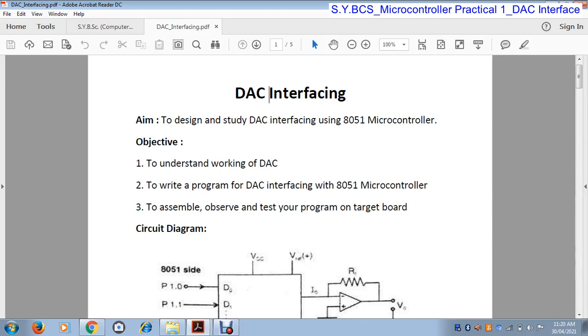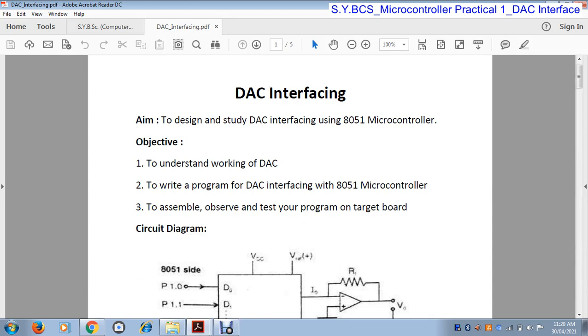The aim of this experiment is to design and study DAC interface using the 8051 microcontroller. In this practical we will see how the DAC works and how we interface or connect this DAC to an 8051 microcontroller.